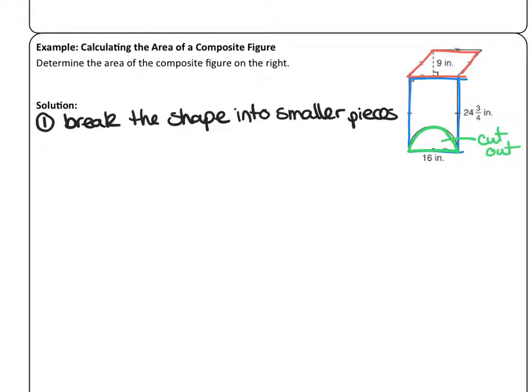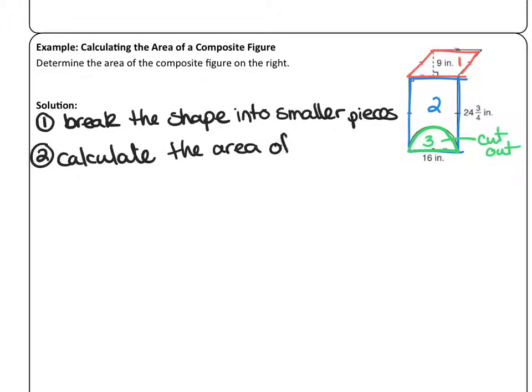So once you've got it cut into the smaller pieces, I'm going to label them 1, 2, and 3. Your next step is to actually calculate the area of each piece.